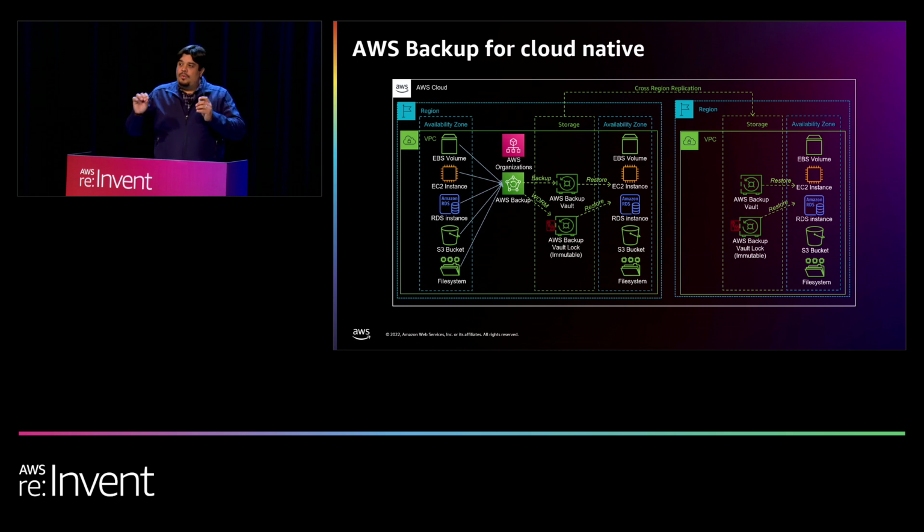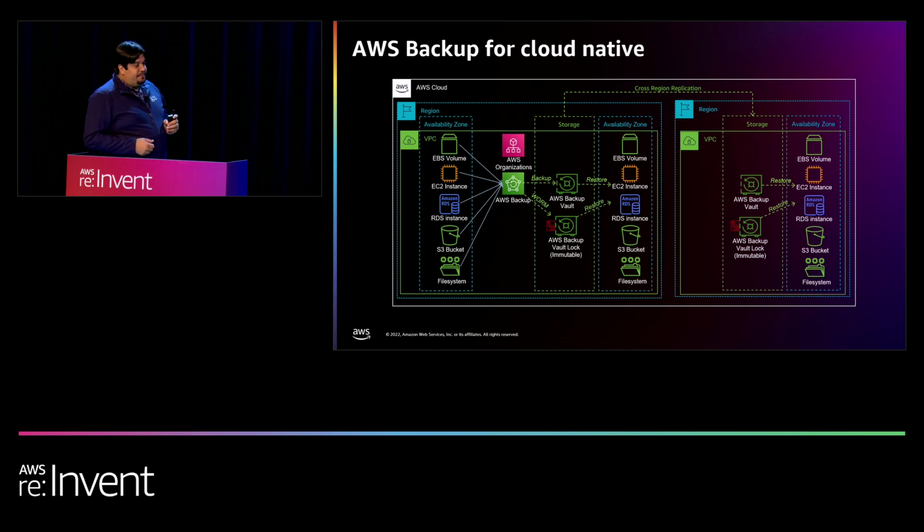Instead of having to go to each one of those services and create scripting and automation manually on those resources, AWS Backup is in the center of that architecture, providing the protection, the creation of the backups, and the recovery points, so you can go back in time to any point that you want.